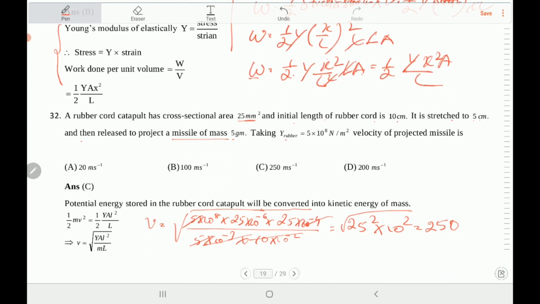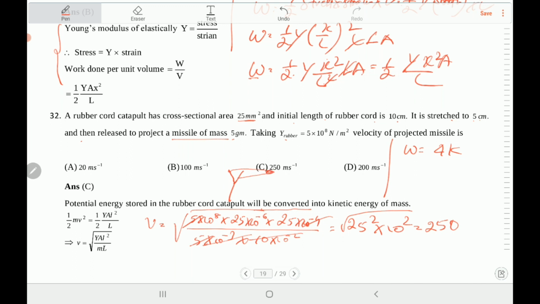Now this work done, how does it appear? According to our work energy theorem, work done is equal to change in kinetic energy. Initial kinetic energy of a stone in the catapult: the catapult will be like this, Y-shaped with 2 rubber bands tied like this.